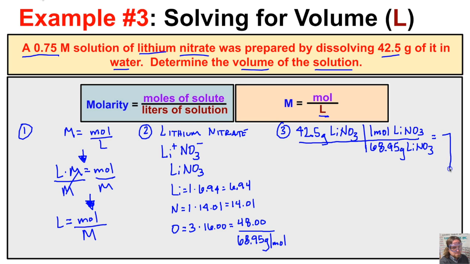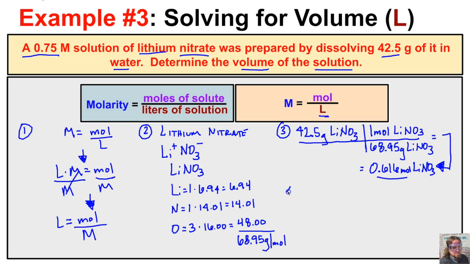And so we'll put this in our calculator and we'll put the answer down here since we're running out of room. If we take 42.5 and divide this by 68.95, we're going to end up with the number of moles of lithium nitrate being 0.616. So this is not our final answer. This is what we must plug into this right here.